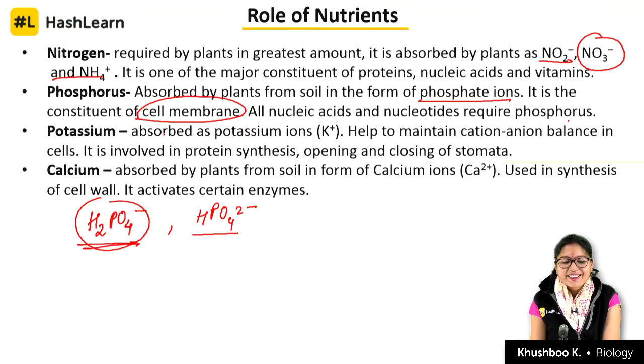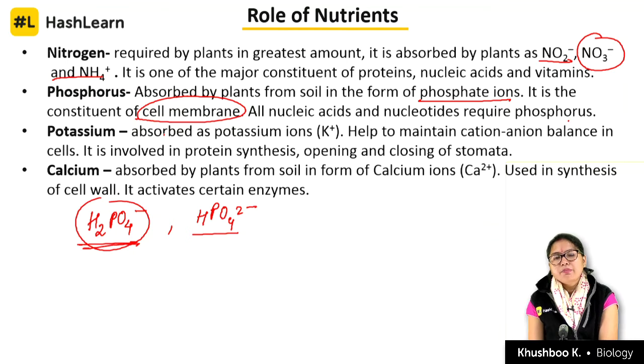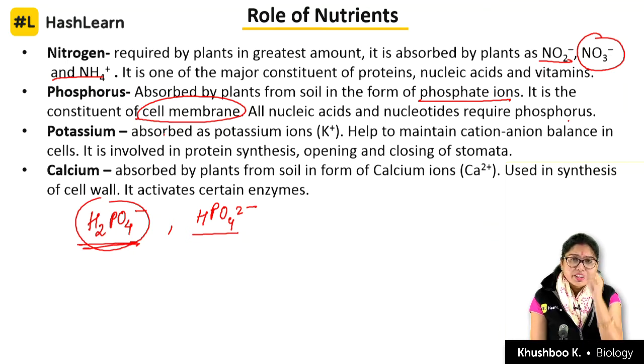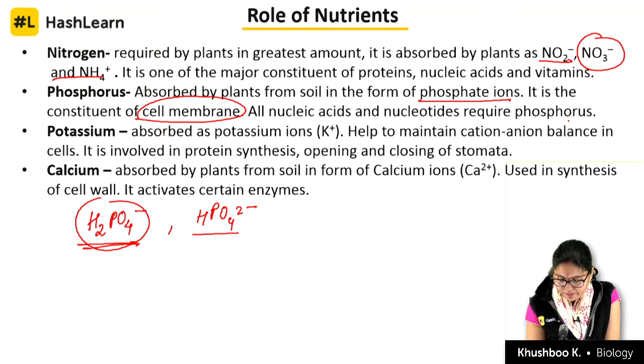Okay, Aman. So all nucleic acids which are there, whether we talk about DNA or RNA, in the basic backbone structure, there we have the sugar phosphate backbone, okay. So there also phosphorus will be required, and that is why it becomes an essential macronutrient, okay.